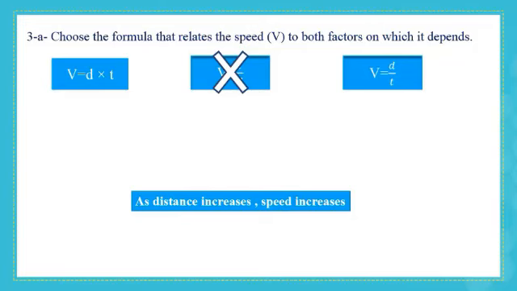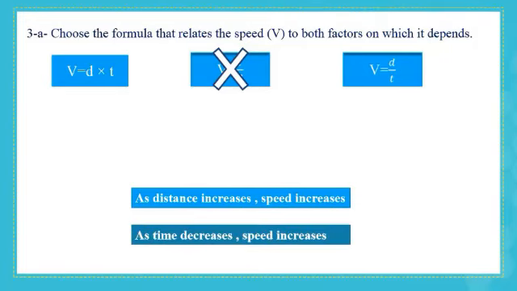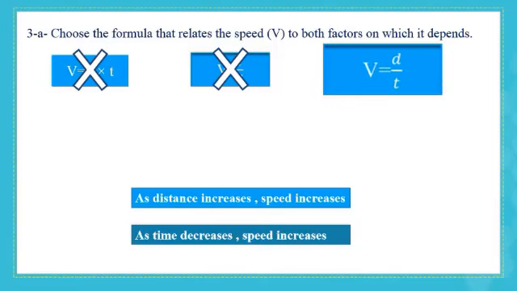Which one is correct? Since speed increases with the decrease of time, then time and speed are said to be inversely proportional. Then Formula 1 is false, while Formula 3 is the correct one. V equals d over t, which means speed is equal to distance divided by time.